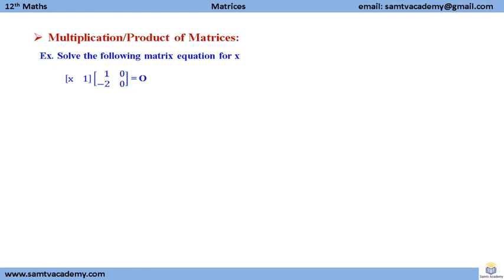So now let's solve this example. We will see how to find out the value of x. Here first we see what is the order of these two matrices. So what is the order of this matrix?